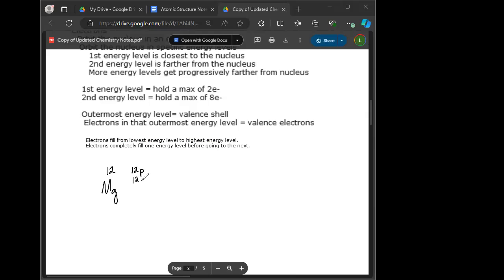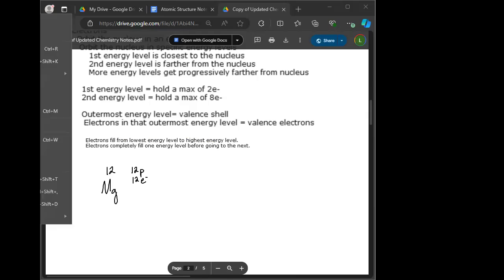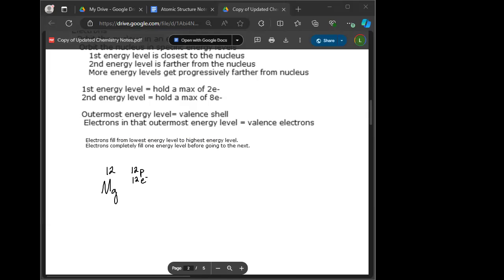And it's very important that you understand that the electrons automatically equal the protons. Whatever the protons are, the electrons are the same. That's how you know how many electrons there are, however many protons there are. That's it.